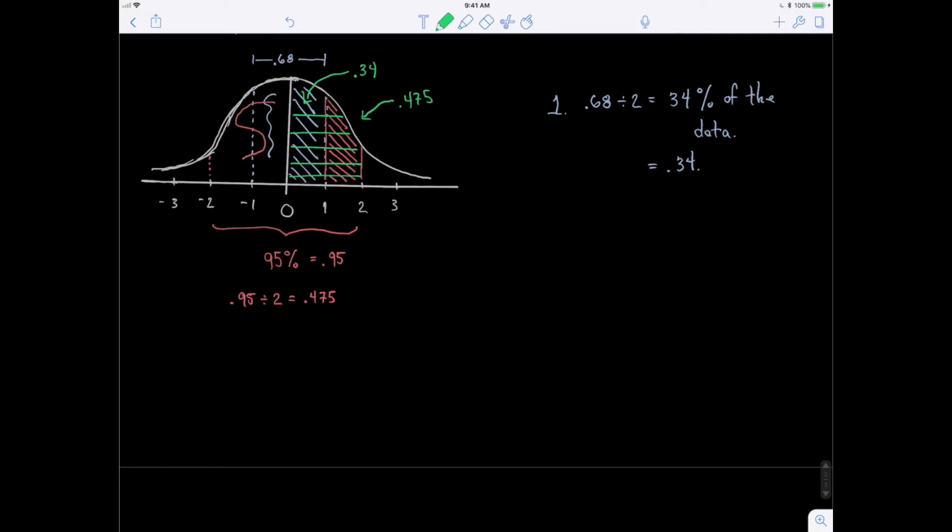So in other words, the red shaded region is 0.475 minus 0.34, and that's going to give us 0.135. So that red shaded region is 0.135 of the picture.